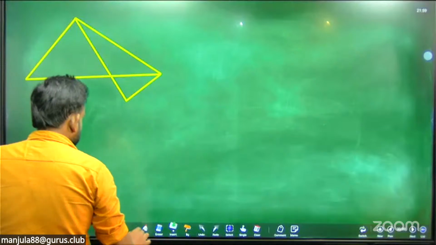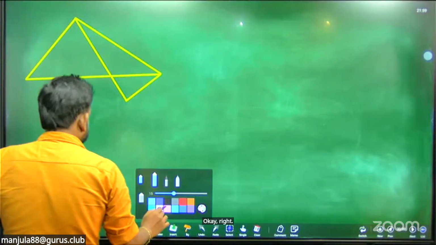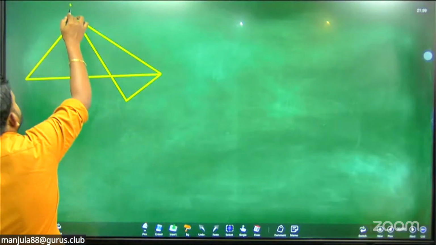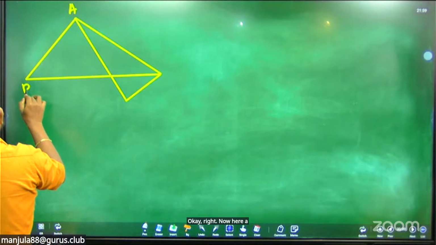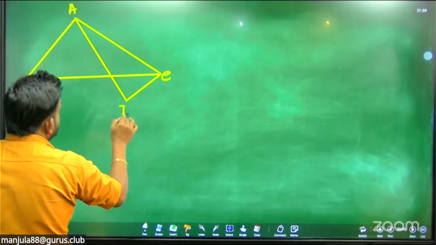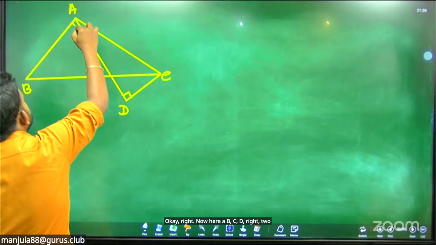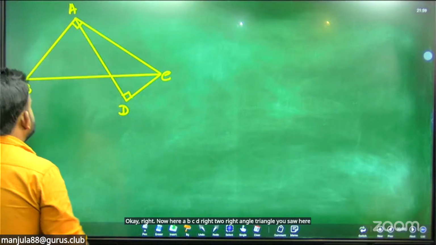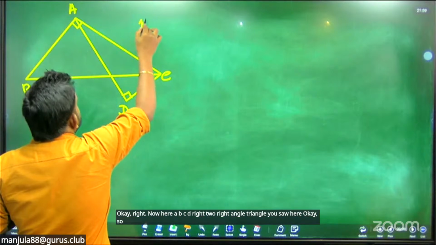Okay, right. Now here A, B, C, D, right? Two right angle triangles you saw here. Okay, so here the north is given in this direction.